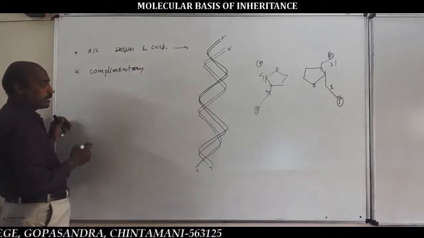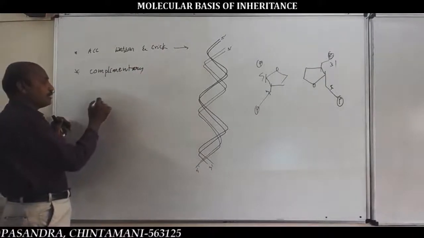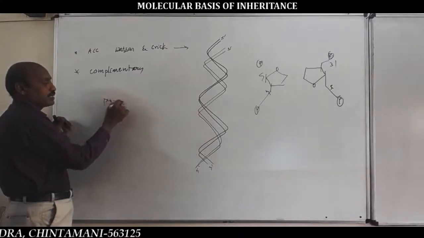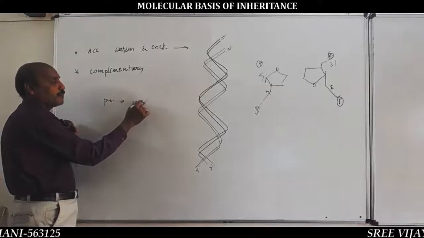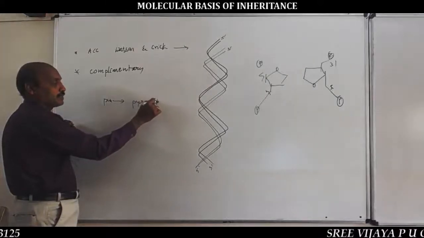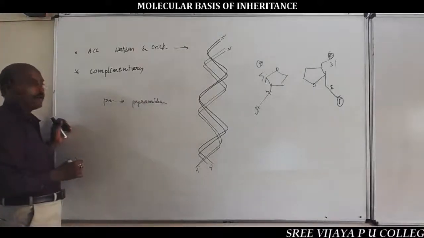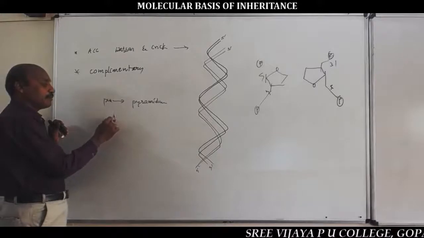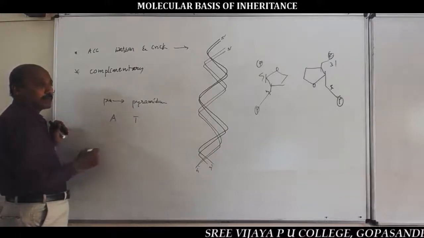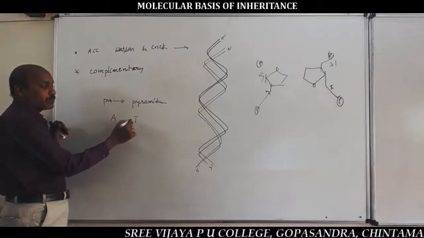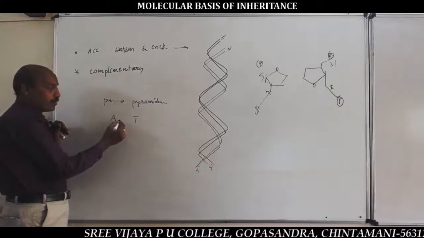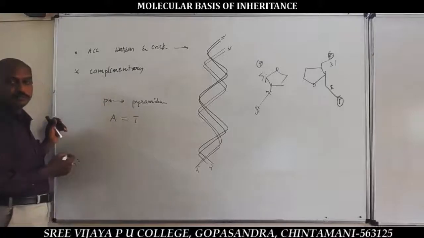Complementary means that a purine base in one strand is linked to a pyrimidine base in the other strand. A particular purine pairs with a particular pyrimidine by hydrogen bonds.